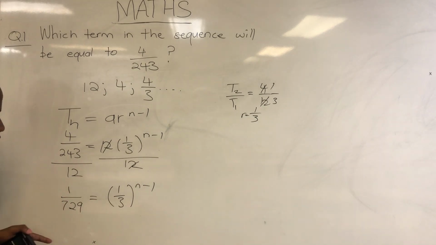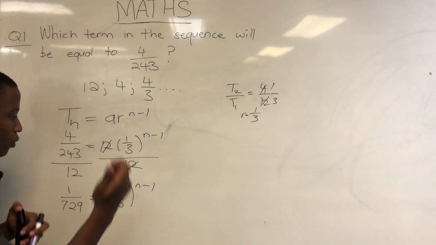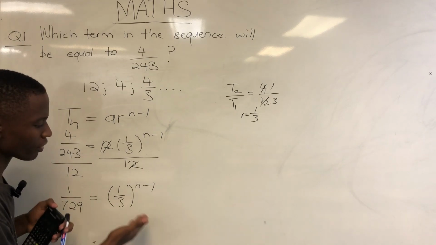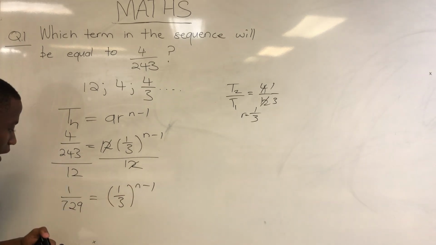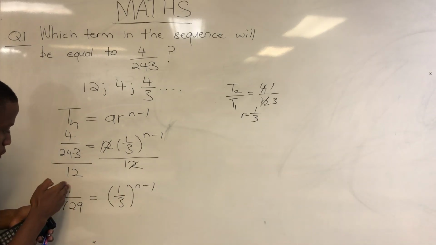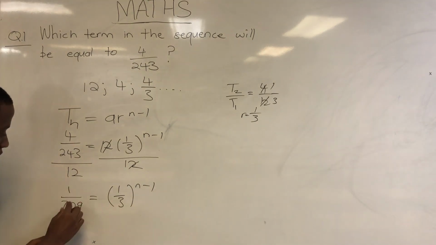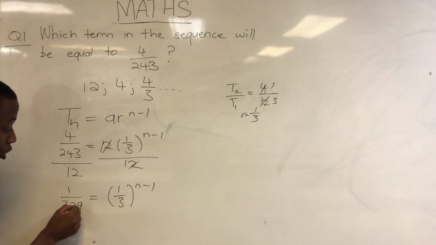Now we want the power to be outside so that we can solve for the power n minus 1. Since we have 1 over 3 to the power of 6, we can take that 6 outside the bracket.